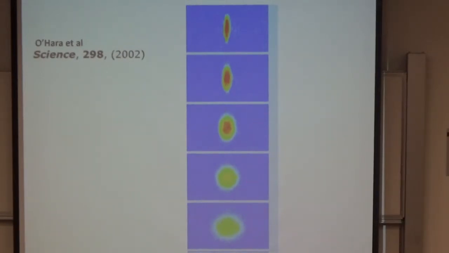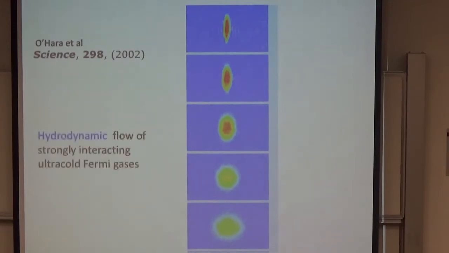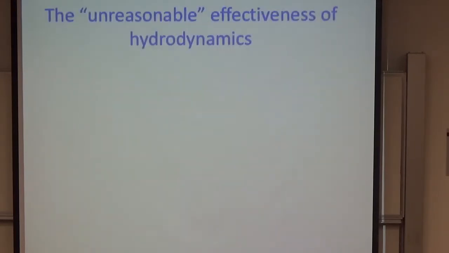Of course, in a heavy ion collision you cannot take a snapshot, but this kind of expansion shows up in the correlations of the final particles which you detect in your detector. Precisely the same kind of physics happens. So here again it suggests the hydrodynamic flow of some strongly interacting gases.